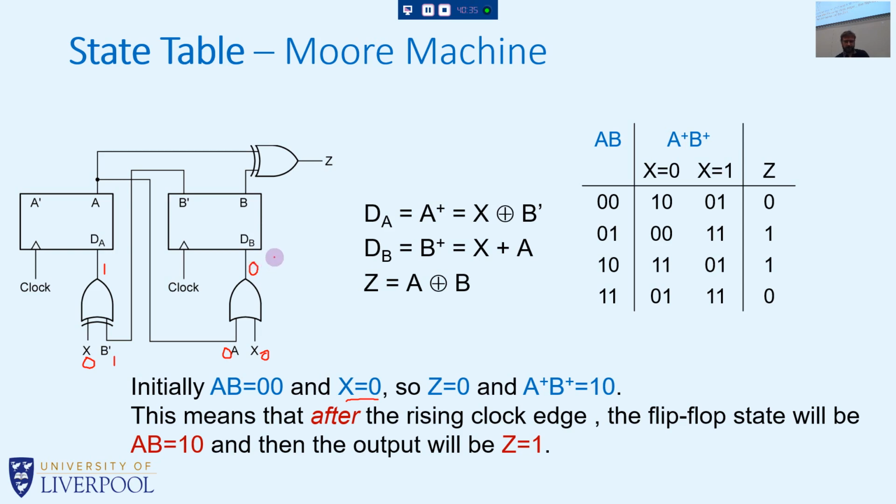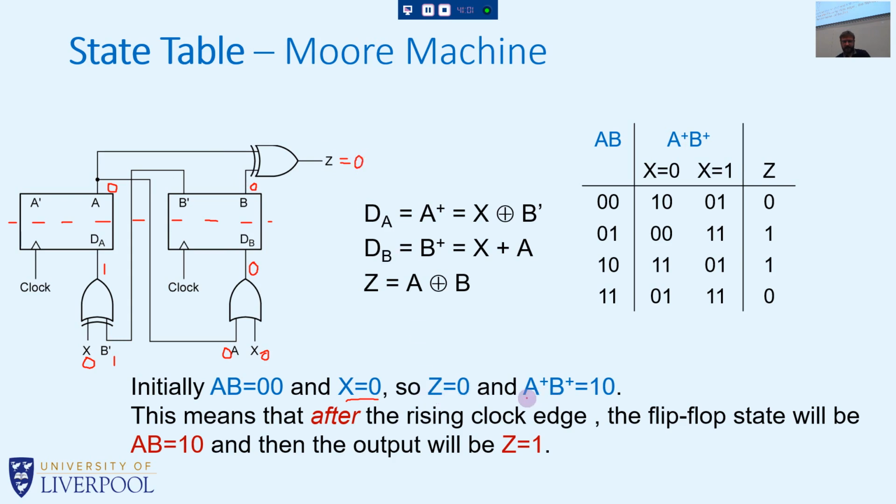And so we know initially that here we're going to get 1 exclusive or 0, but only after the tick of the clock. So because we were told that initially the present state of A and B is 0 and 0, if we exclusive OR together 0 and 0, then we know that initially the value of Z is 0, okay?